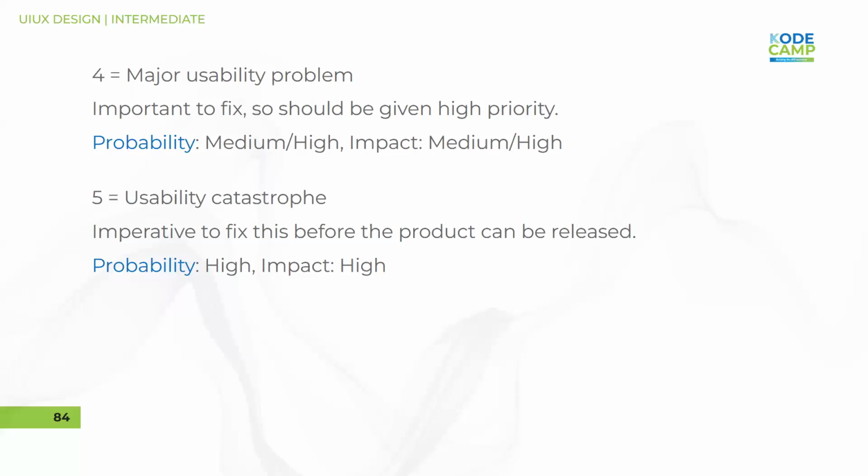And if we have a usability catastrophe, it is imperative to fix this, because without fixing this the product should not or cannot be released. So it has to be given a high probability and also a high impact.